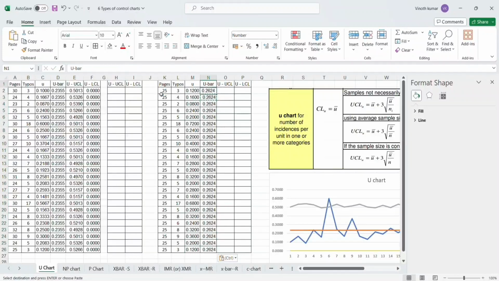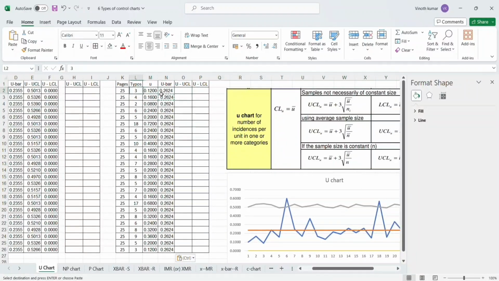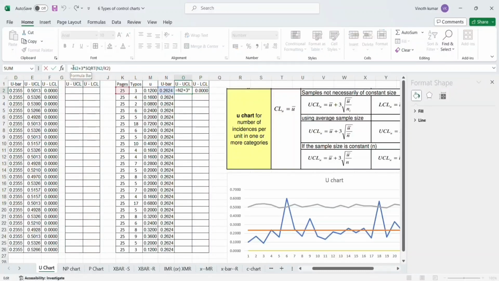Now my upper and lower control limits. As my subgroup size is not going to change, my upper and lower control limits are not going to fluctuate. So I can go with the same formula that I have used here. Let's quickly check the formula. Yes, u bar, sample, square root, the formula is fine, and the same is the case with the lower control limit.